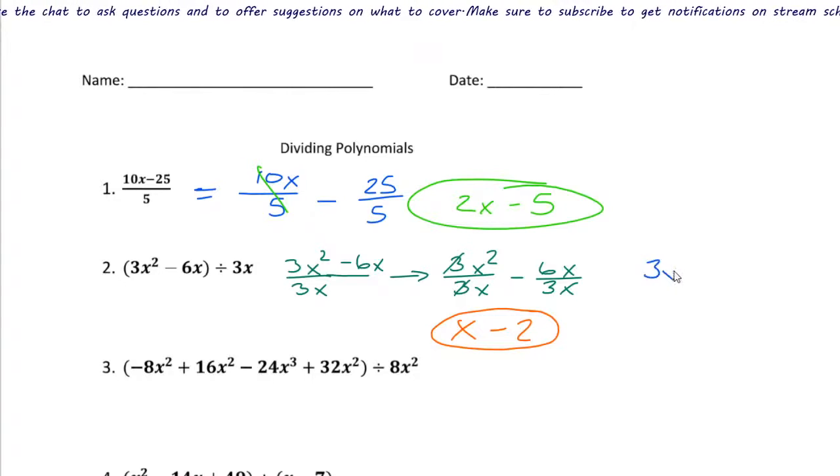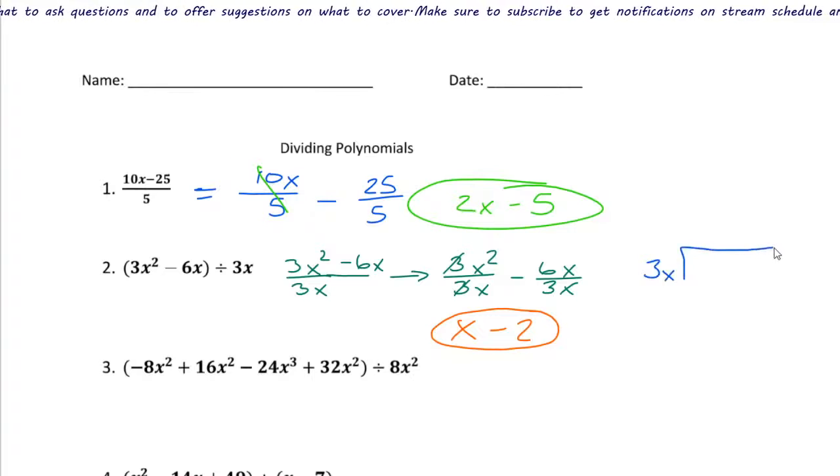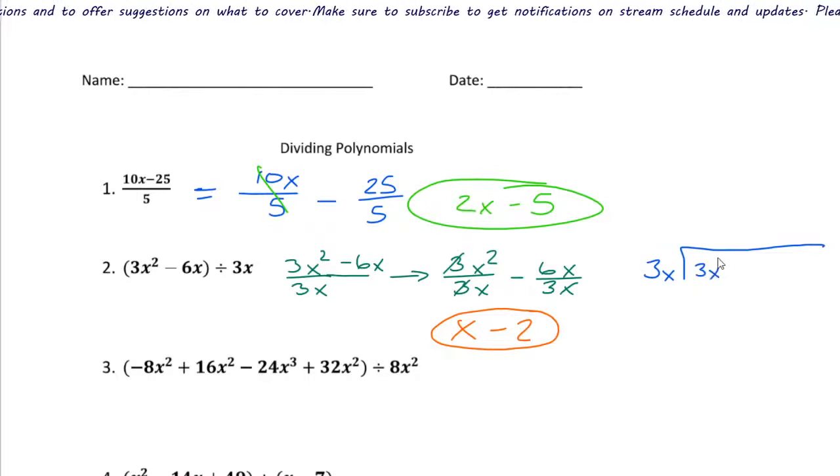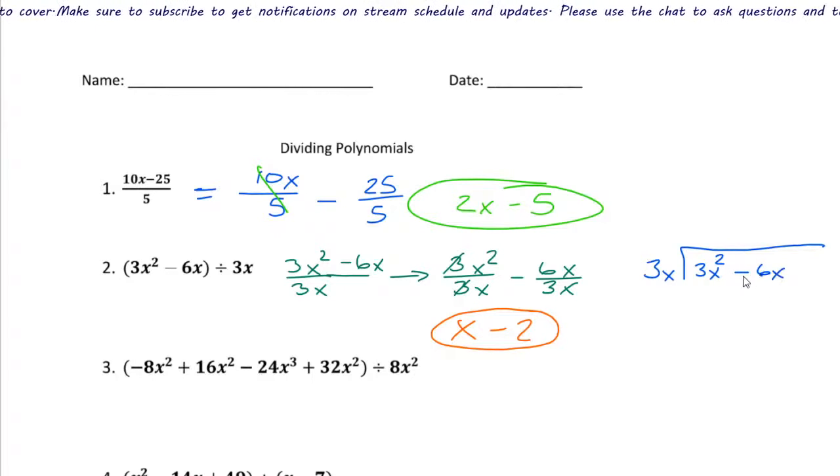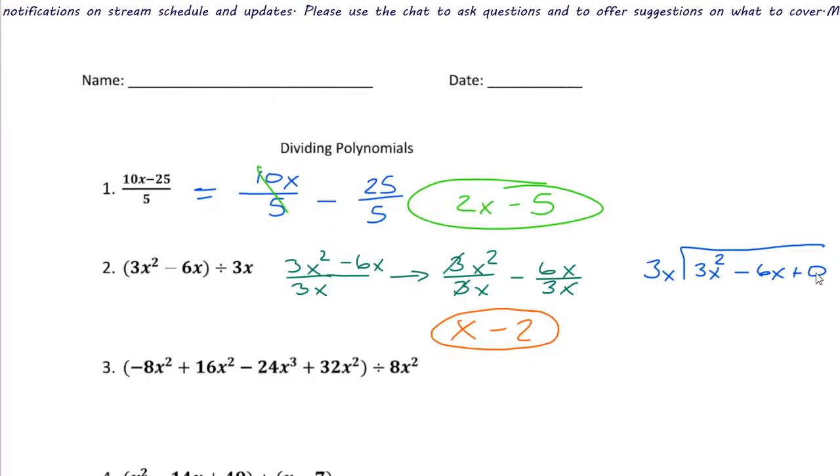So 3x, and we're going to use 3x to divide 3x squared minus 6x. And then what I am also going to do is put plus 0. There isn't a constant term, but we can put a 0 there as a placeholder.